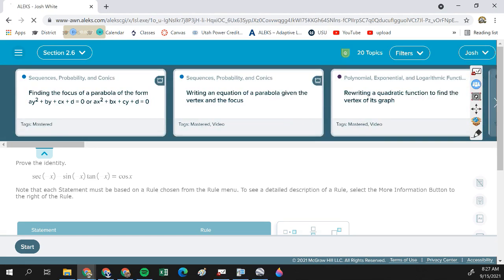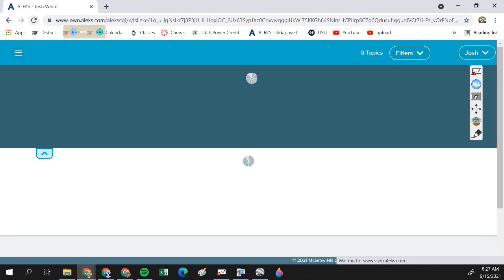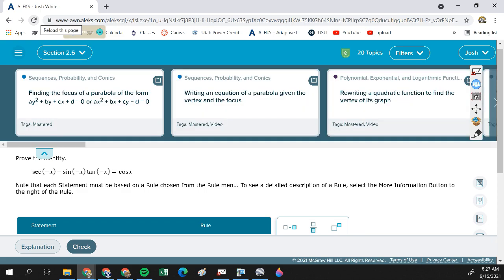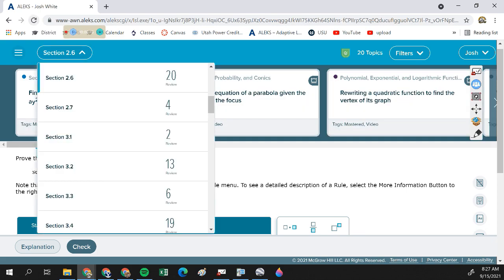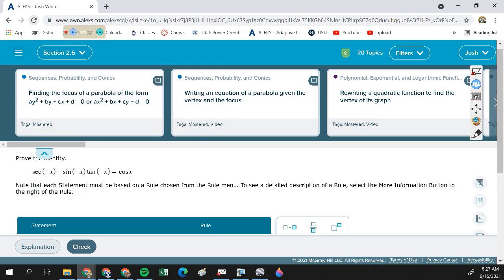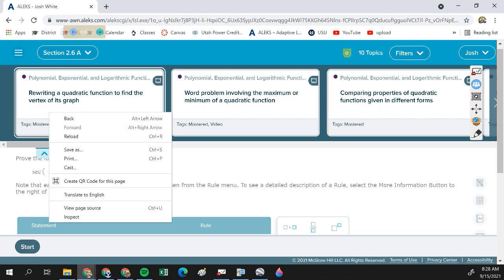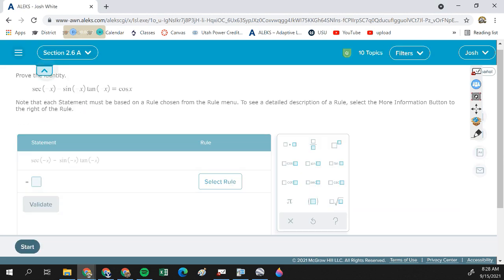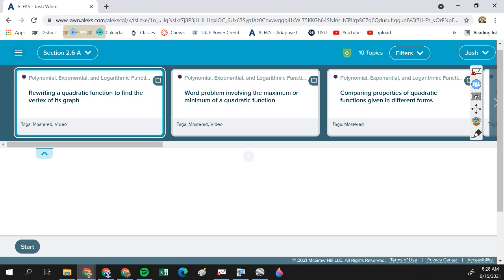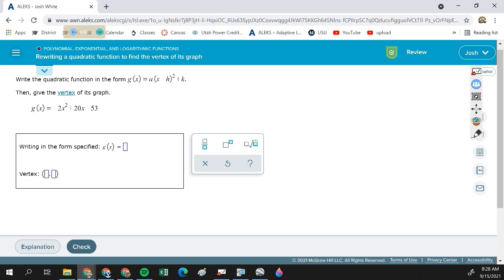Oh, I need to refresh this. All right, so this first one, rewrite a quadratic to find the vertex of the graph.